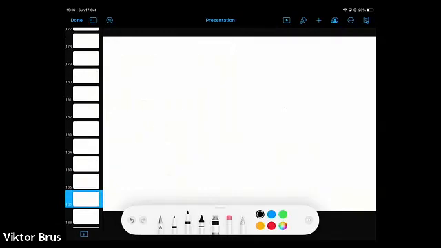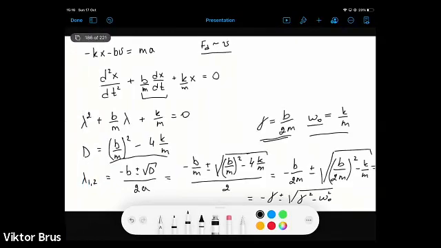Excuse me, Professor, then shouldn't we have written that omega 0 equals the square root of k divided by m? Why, wait a second.